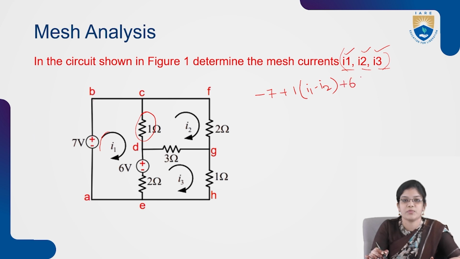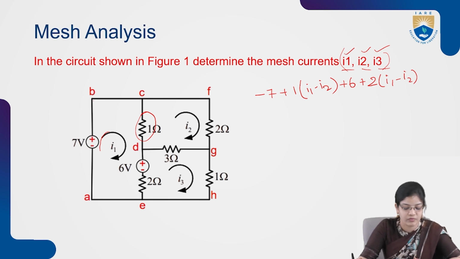And then the 2 ohm element is connected in between I3 and I1. For the mesh we are calculating, that mesh should be considered in the first position, and then we go for the other. So for the first mesh, I am taking it as 2 of (I1 minus I3).